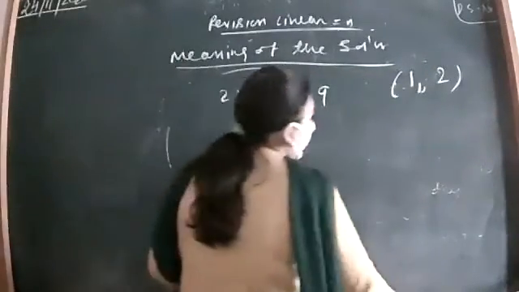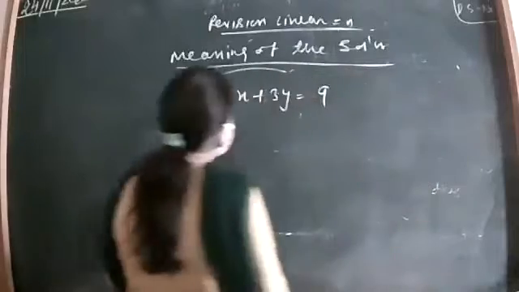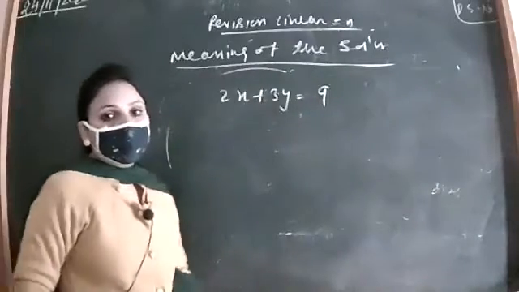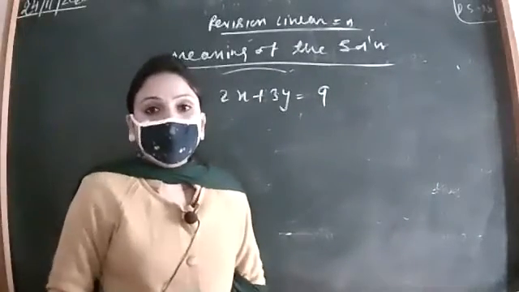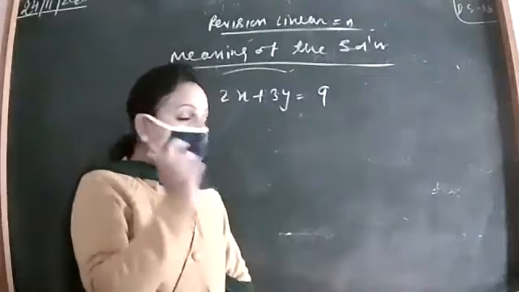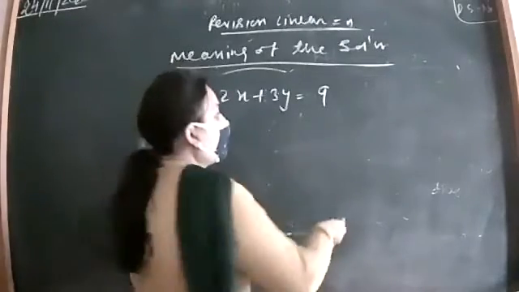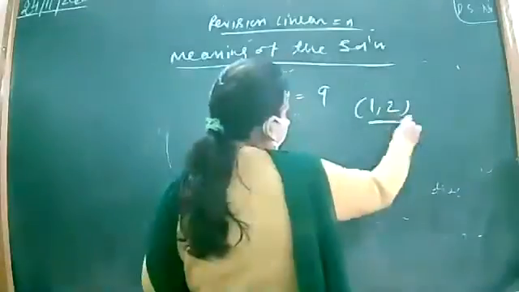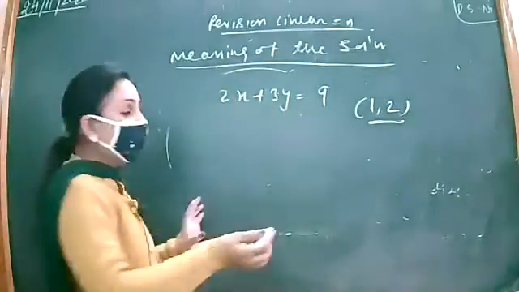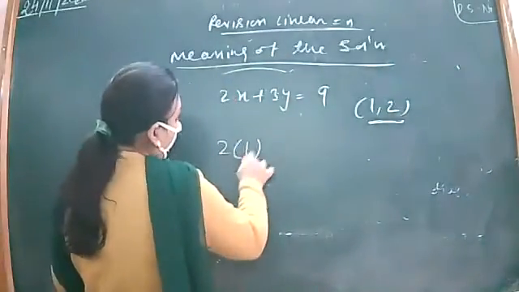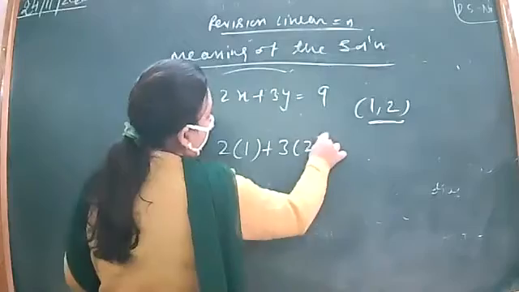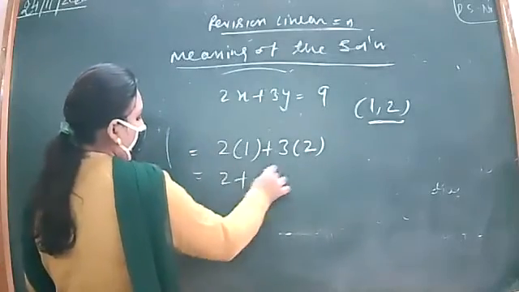So how do we find the solution of this equation? We now know the meaning: the value of the ordered pair by putting which the two sides become equal. Suppose I want to see whether (1, 2) is a solution of the equation or not. What I have to do is just put x equal to 1 and y equal to 2 in this equation.